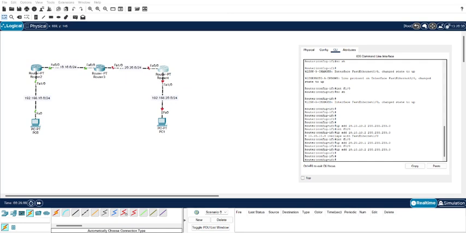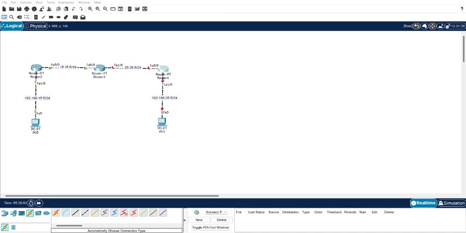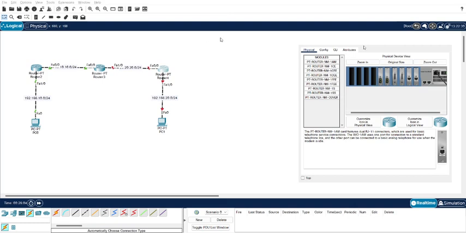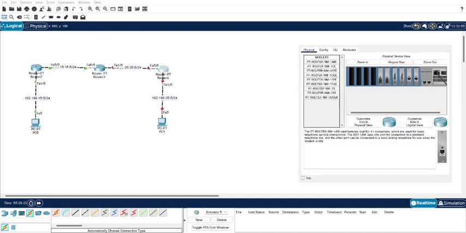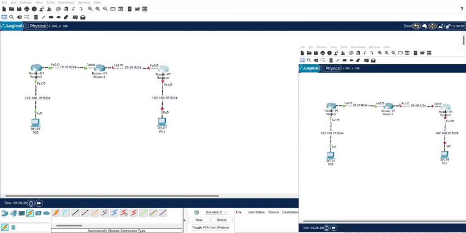Okay, for router number 4 it's going to be like this. Oh, this is router number 1.